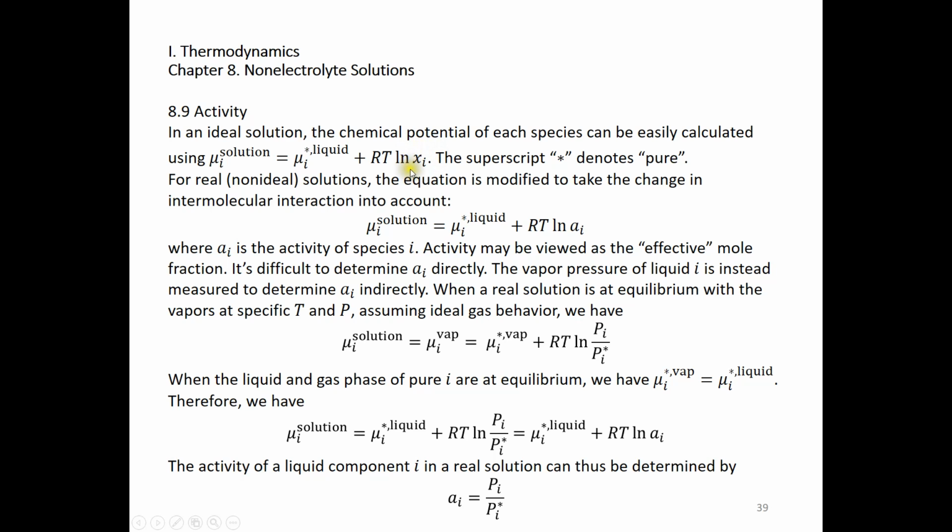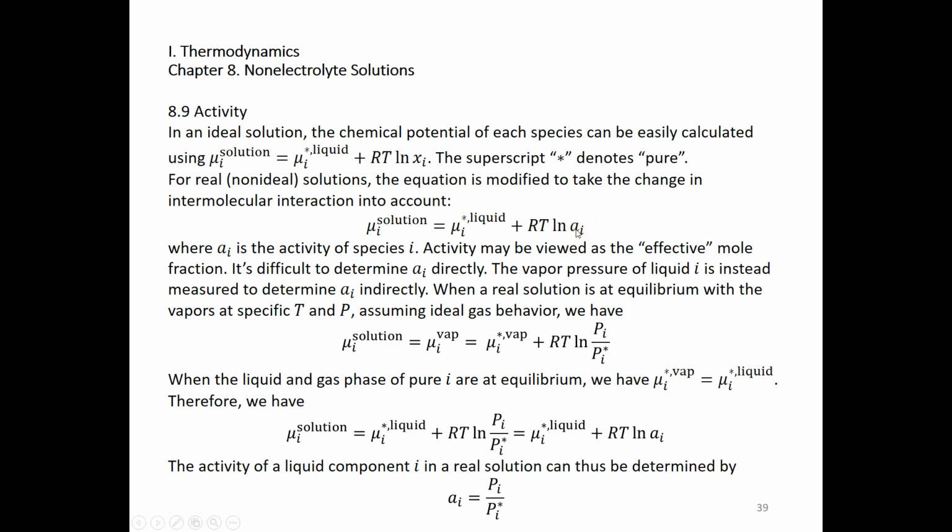We just need to replace the mole fraction x with the activity a. So now we have this equation. The chemical potential of species i in a real solution is equal to the chemical potential of pure liquid i plus RT times the natural logarithm of the activity of species i in that solution.